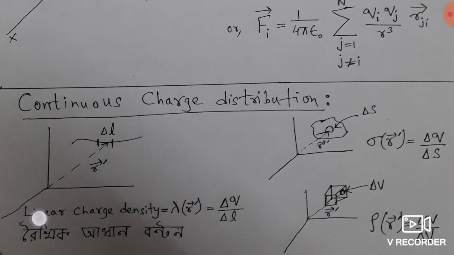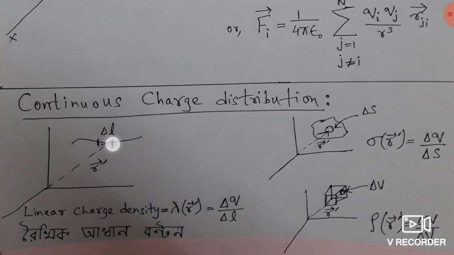What will be the linear charge density? That is charge per unit length. Delta Q by delta L, charge per unit length, is defined as linear charge density lambda.